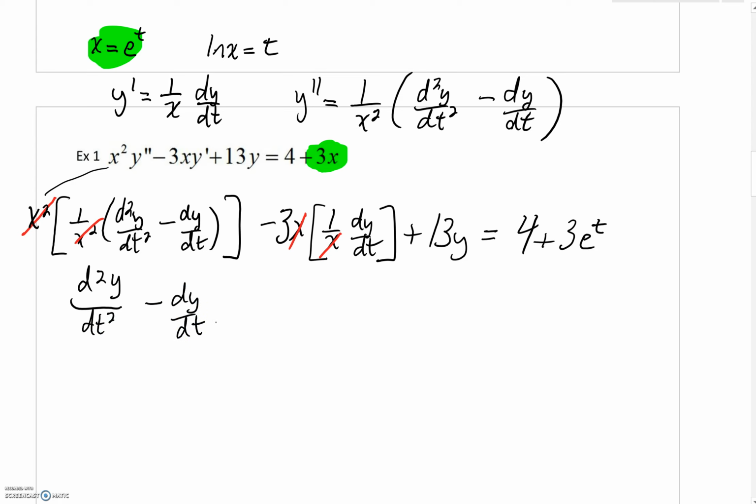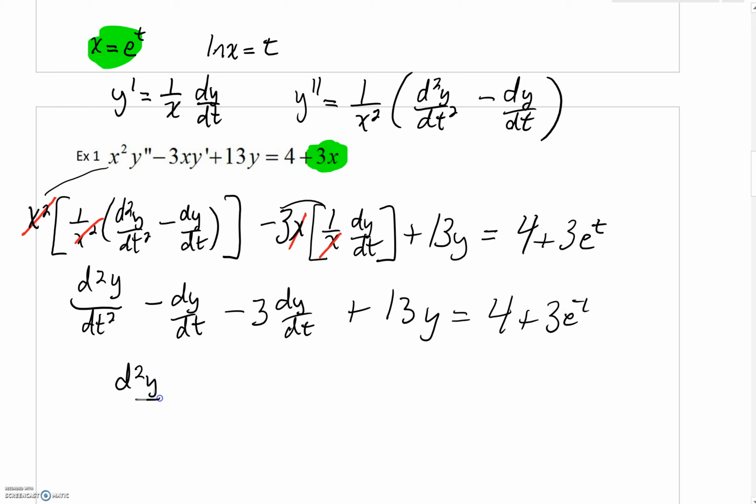If you just started with this problem right here, you'd say, well, this doesn't look like a Cauchy-Euler. It looks like something that we were working with way long ago. And indeed it does. That's the benefit. It's turning this problem into something that looks way more familiar.